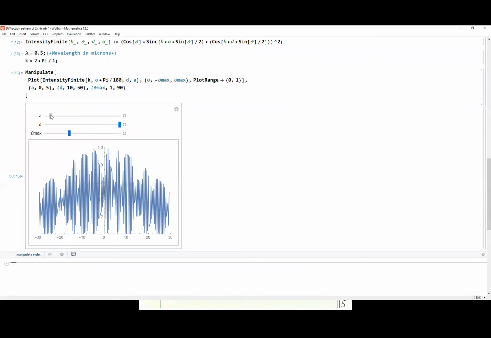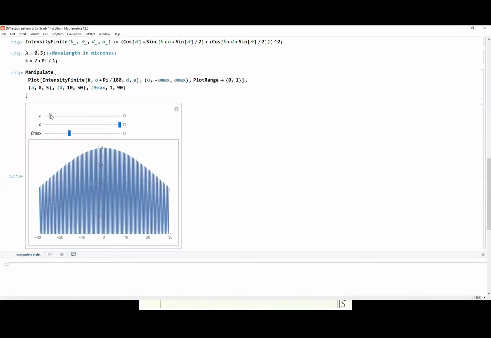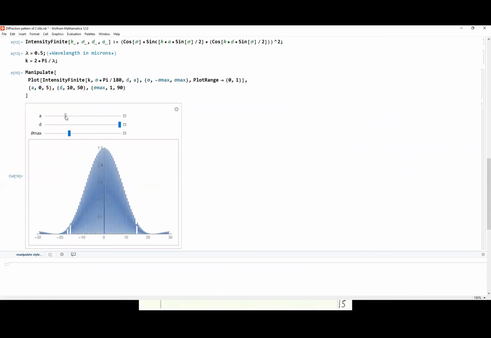When I play with the slit width, the spacing of the spikes doesn't change, but this thing that we call the envelope function modulates the spikes. It's called the envelope function because it's sort of around it and on top of it. You've got the spikes, and those spikes are inside of or covered by this more slowly varying function.